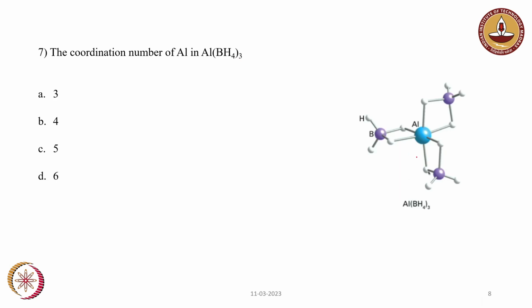Here 2 hydrogen from each BH4 unit form bonds with aluminum, and 2 hydrogen remain as terminal, so aluminum is octahedrally coordinated by 6 hydrogen from BH4 units. So the answer is option D. Coordination number of aluminum is 6.